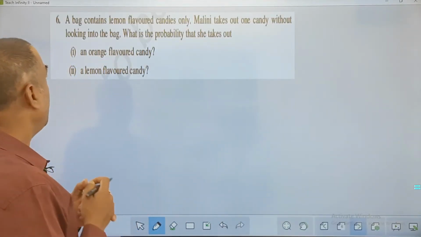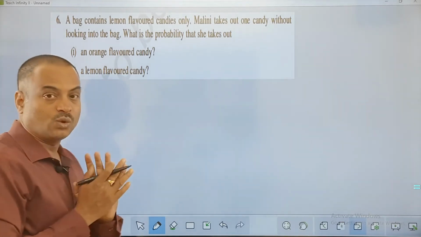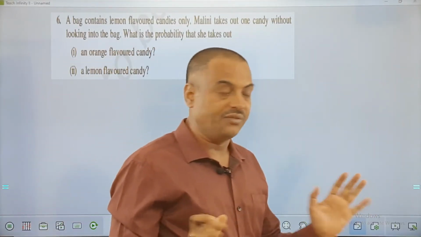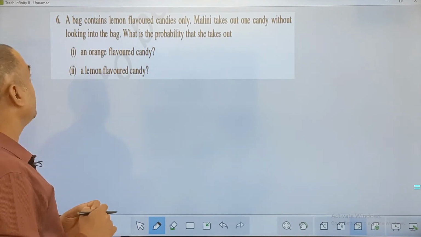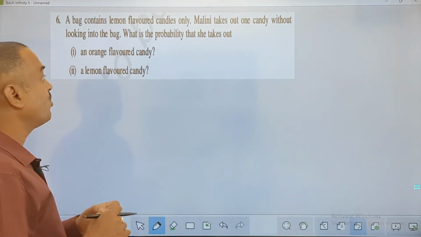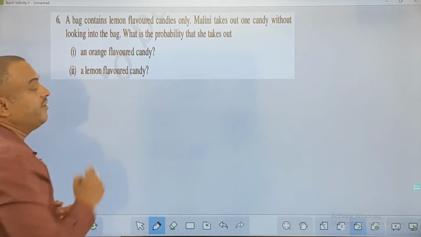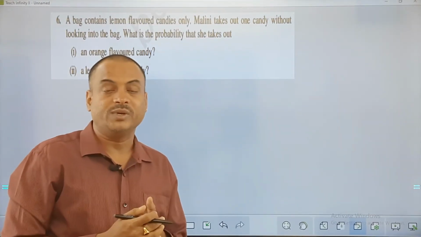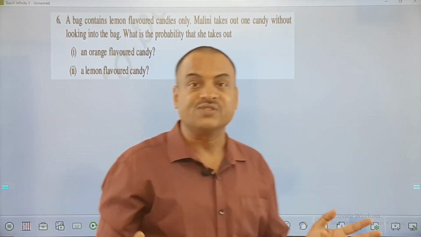Question number 6. A bag contains 11 lemon flavored candies only. So all the candies are lemon flavored. Now, Malini takes out one candy without looking into the bag. What is the probability that she takes out an orange flavor candy? You can observe in the purse, all the candies have lemon flavor. You don't have orange flavor in that.